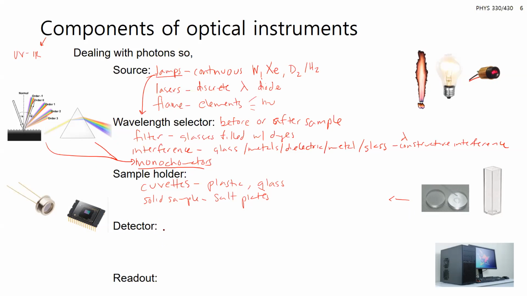And then for the detectors, these are all mostly in spectroscopy photodetectors, like I mentioned, that we're trying to go from photons to electrons.